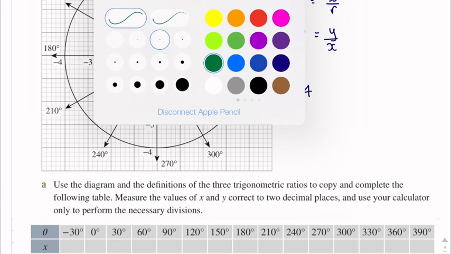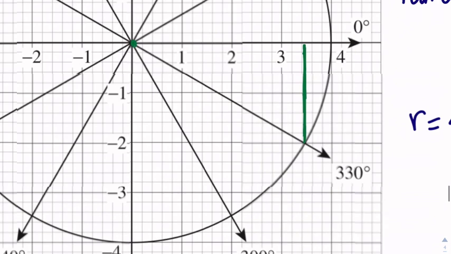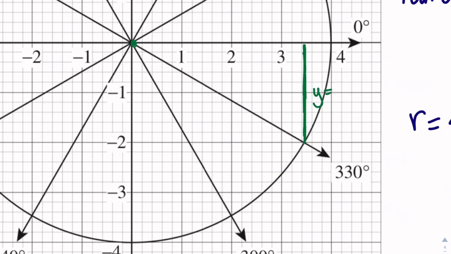So for this triangle I've just done, y equals minus 2 and x equals, I've gone along to 3.2, do you think? Yeah, no, I'd just say 3.25.